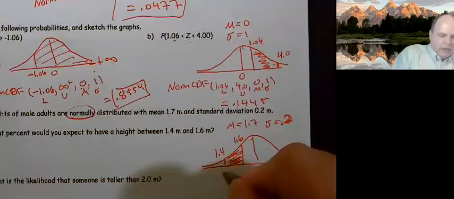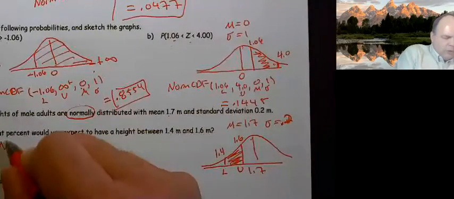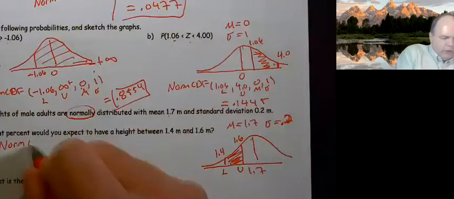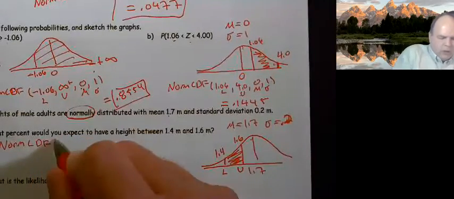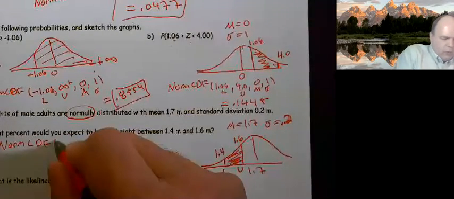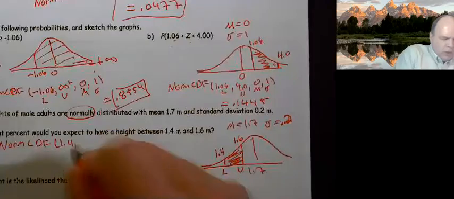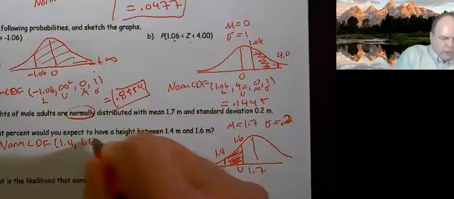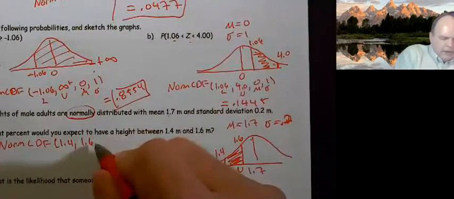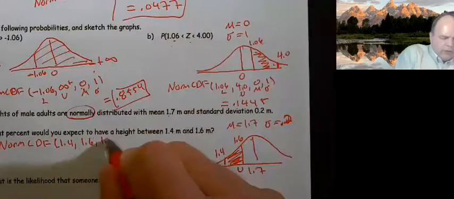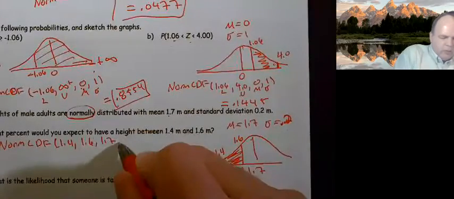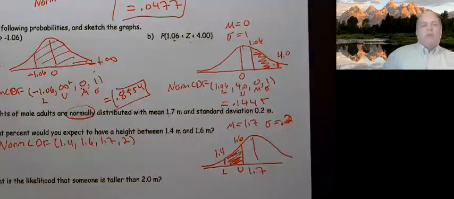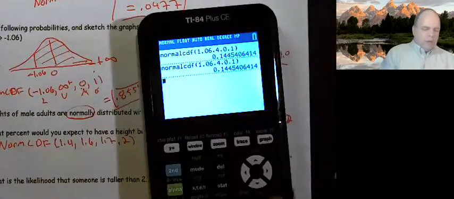This is my lower bound. This is my upper bound. So this is going to be a norm CDF. Lower is 1.4. Upper 1.6. Mean 1.7. Standard deviation 0.2, because we're working with actual values this time. All right.